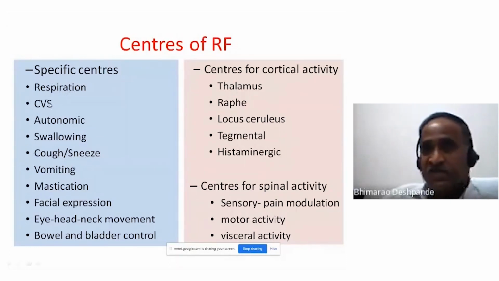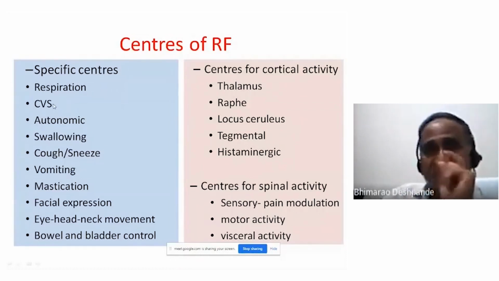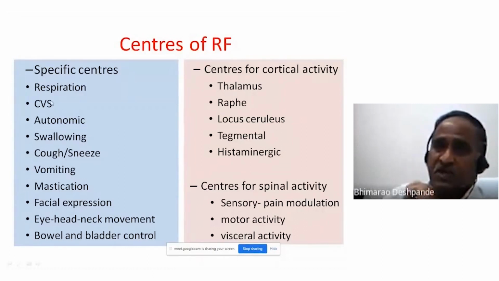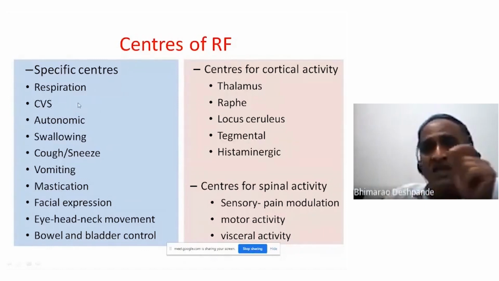Then cardiovascular centers. These cardiovascular centers are necessary for regulation of the blood pressure or the blood circulation. So now this blood pressure and blood circulation is governed by the cardiovascular system. And also these cardiovascular centers are associated with the respiratory system.